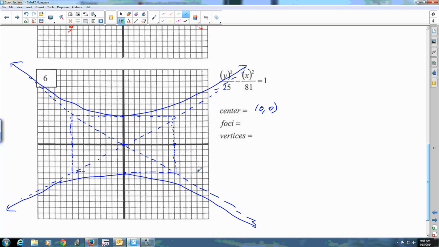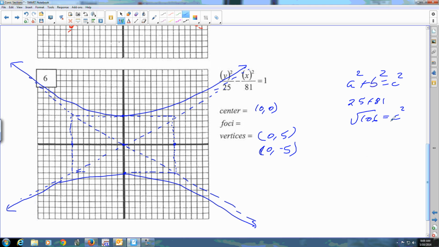So that means your foci are somewhere up here and somewhere down here. They have to be inside the hyperbola. Your vertices are 5 units up or down from the center, so they're (0, 5) and (0, -5). For your foci, a squared plus b squared is c squared, so 25 plus 81 is 106, which is c squared.